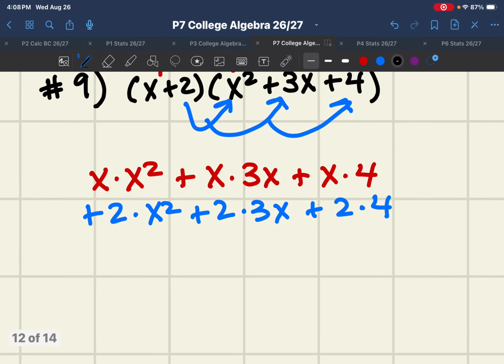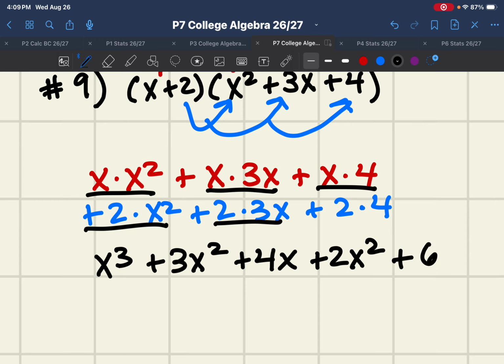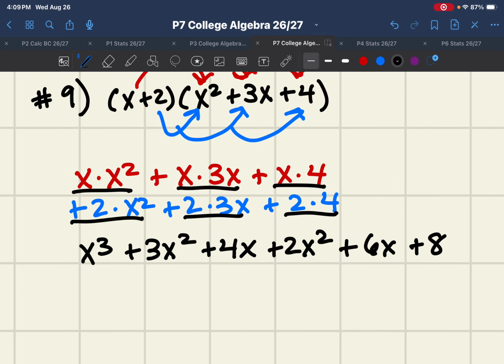So simplifying this, I have x times x squared, which is x cubed, x times 3x, which is plus 3x squared, x times 4, which is plus 4x, 2 times x squared, which is 2x squared, 2 times 3x, which is 6x, and 2 times 4, which is 8.